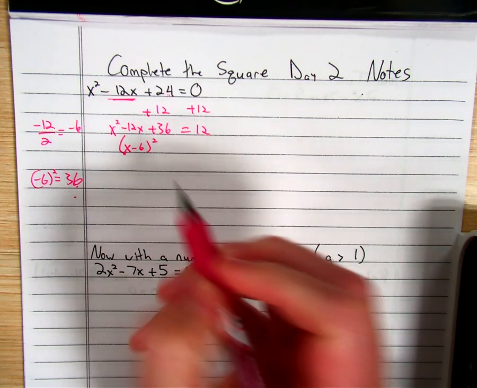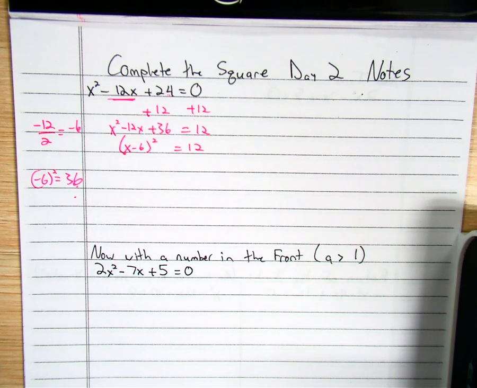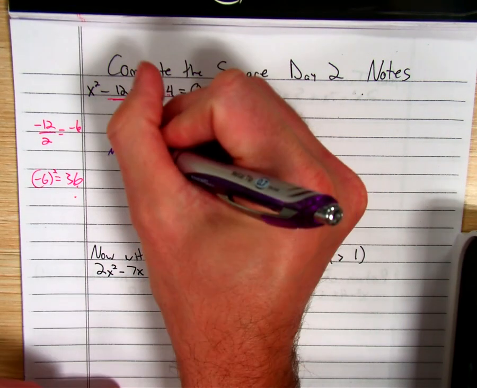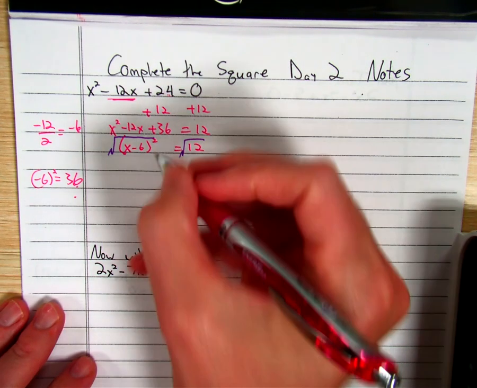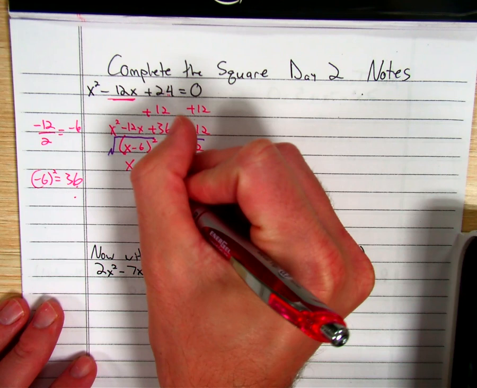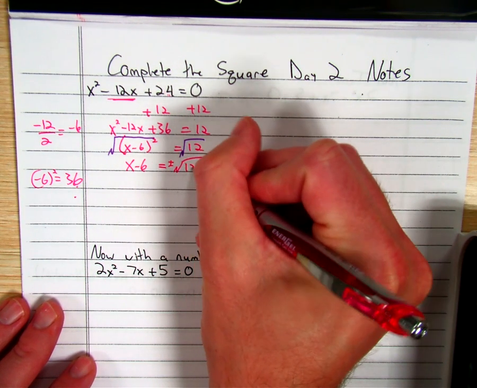Okay, half of this. And we want that to happen so that we can use square roots to solve. And now we have x minus 6 equals plus or minus square root of 12.